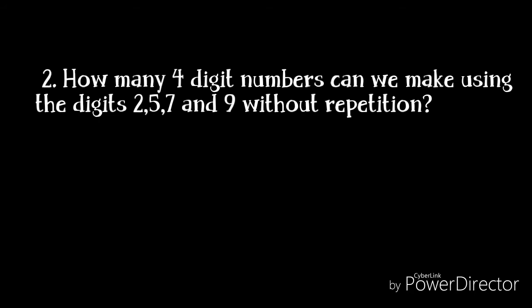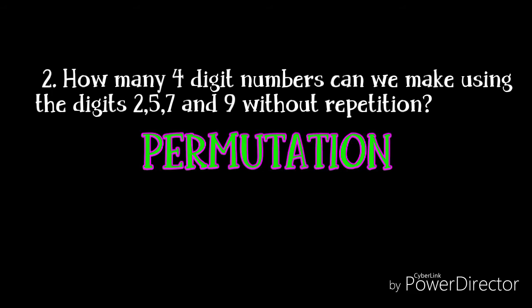Second, how many 4-digit numbers can we make using the digits 2, 5, 7, and 9 without repetition? The answer is permutation. Why? Because we are arranging the digits.